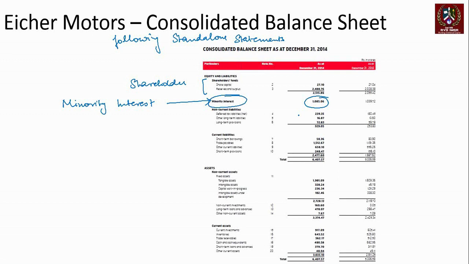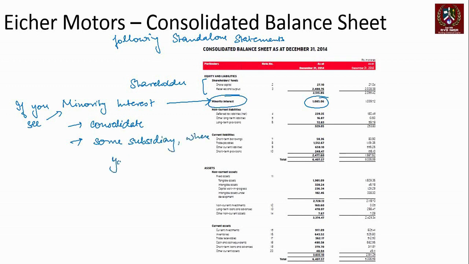If you see minority interest, that means two things. One, this is a consolidated statements. Two, there is some subsidiary in your business where you own less than 100%.